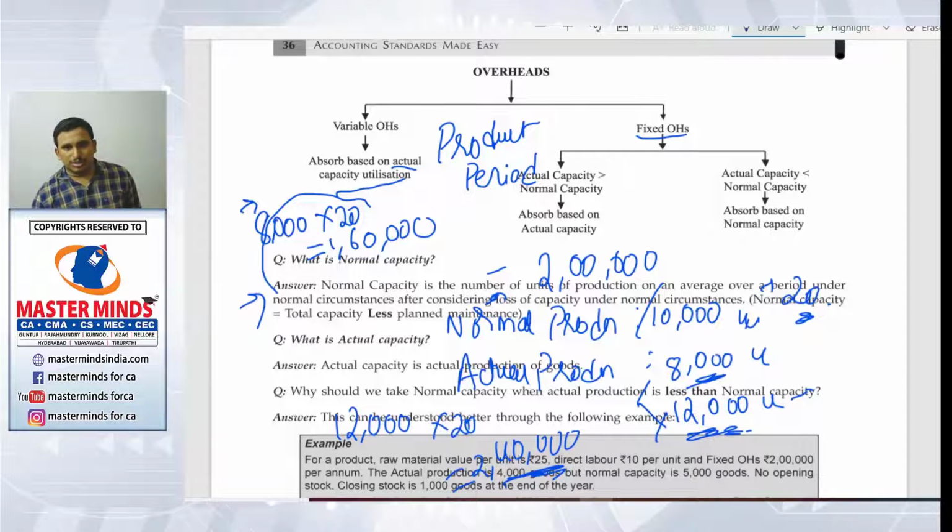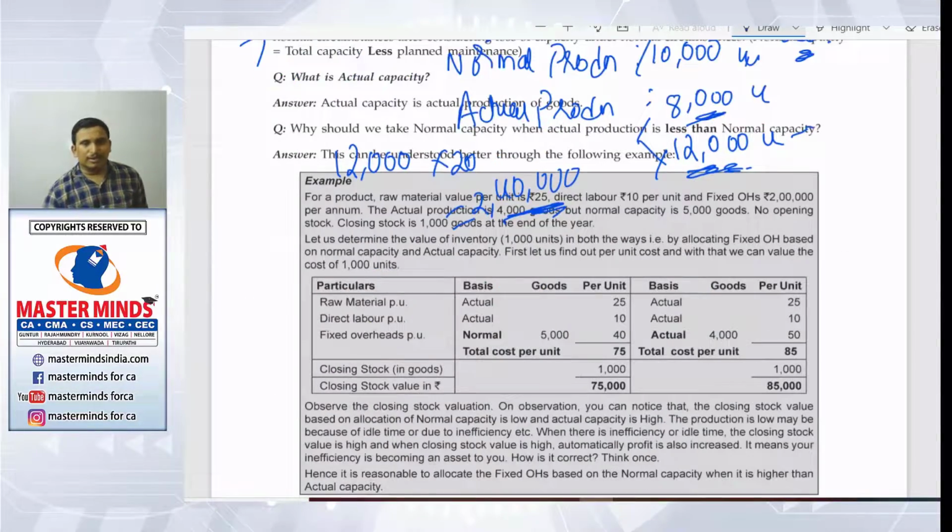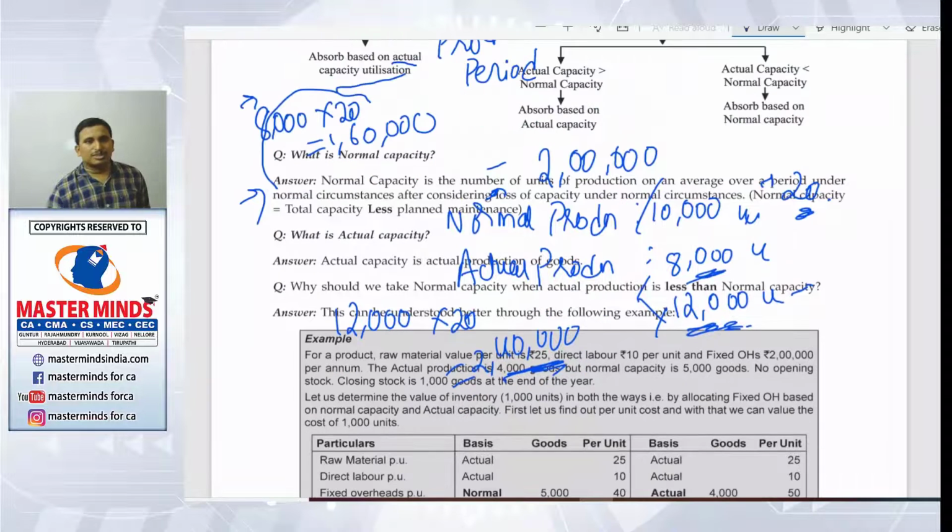Of course, this can be interpreted in another way also, which you have learned in your costing. You might have already learned it in your costing in another way, which we will just observe here. What is that other way you have learned in your costing? How might you have learned it, sir? Now, in your costing, they might have said it like this.